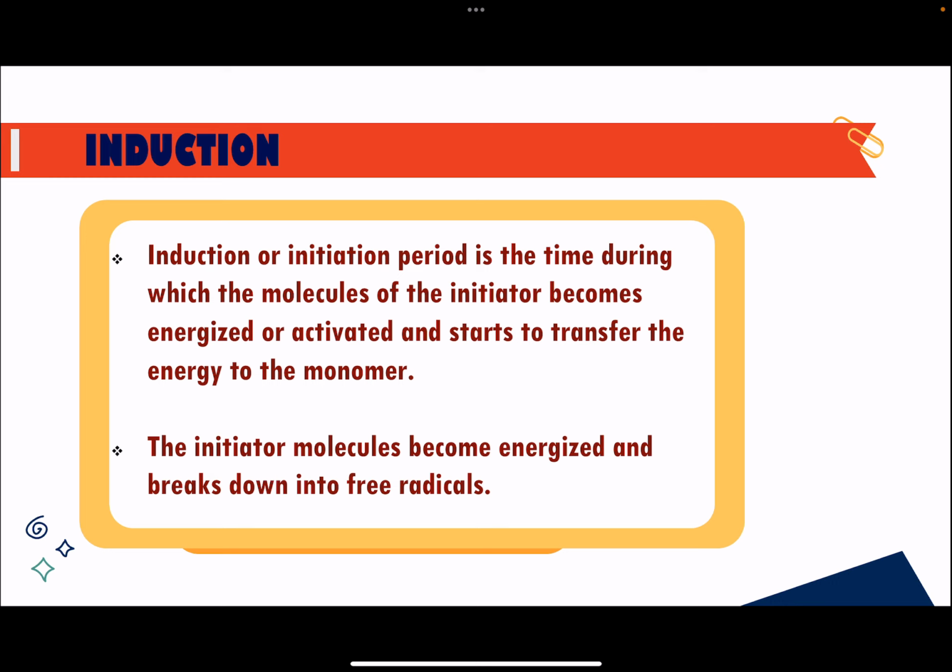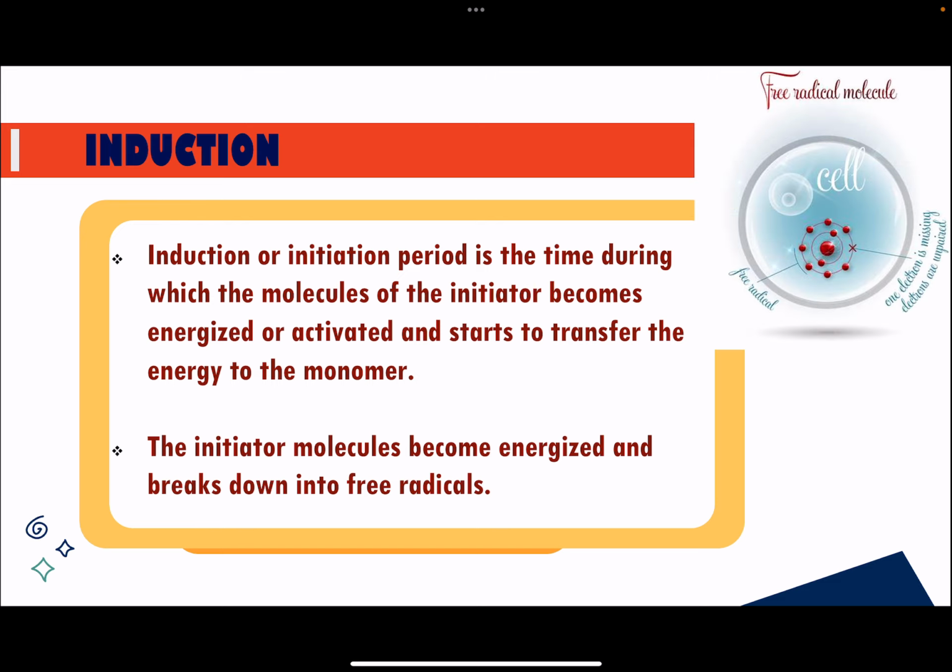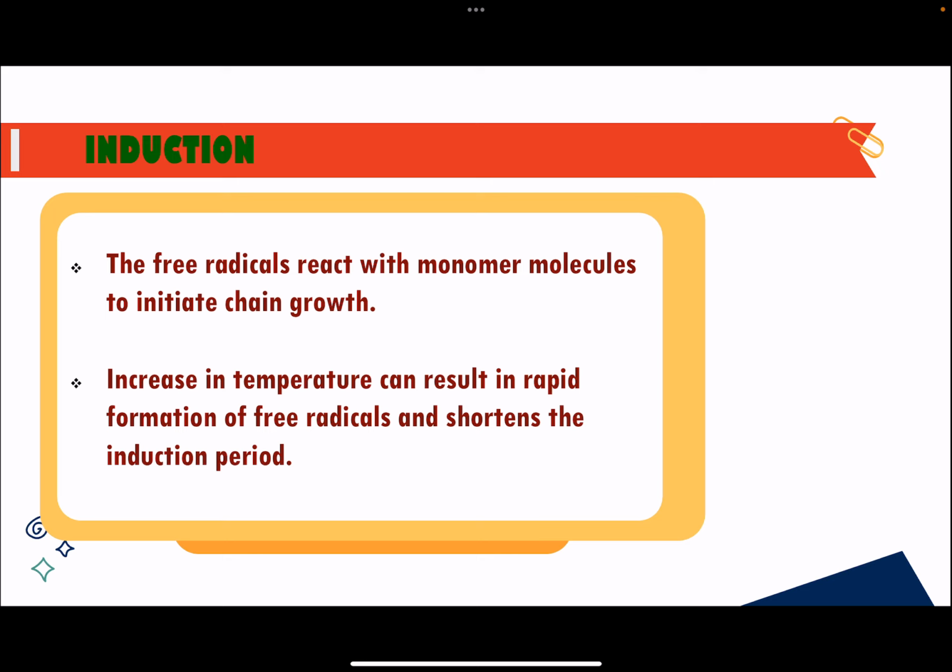Induction or initiation period is the time during which the molecules of the initiator become energized or activated and start to transfer the energy to the monomer. The initiator molecules become energized and break down into free radicals. The free radicals then interact with the monomer molecules to initiate a chain growth.